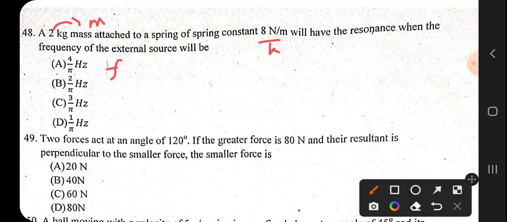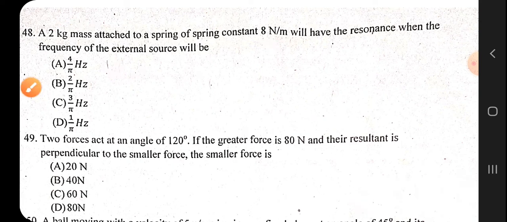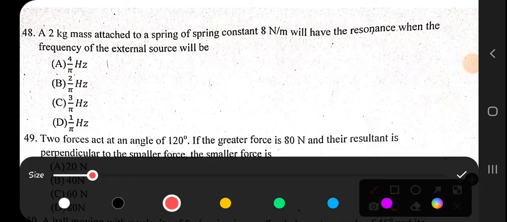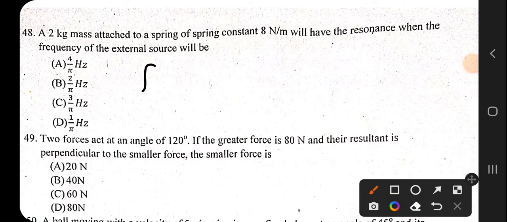We know that the frequency of a spring is equal to 1 divided by 2 pi root over of k by m.